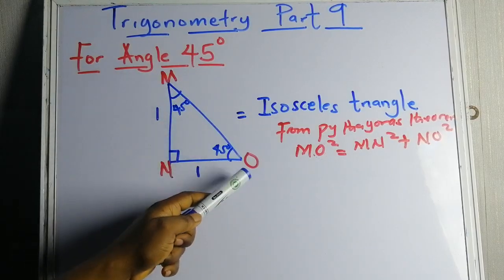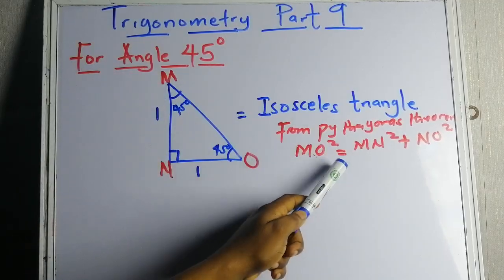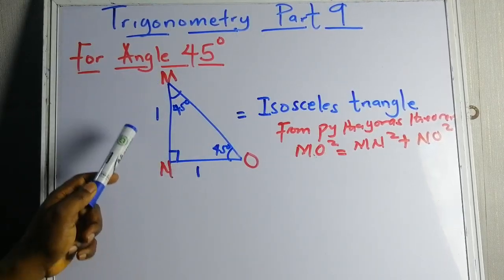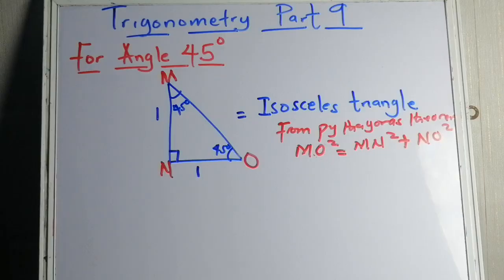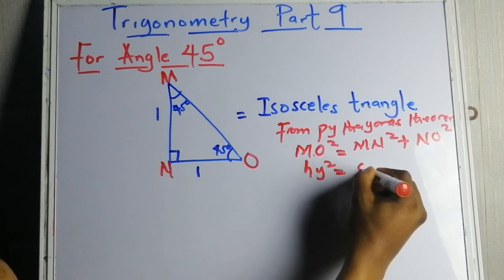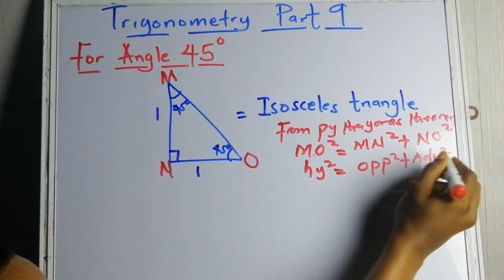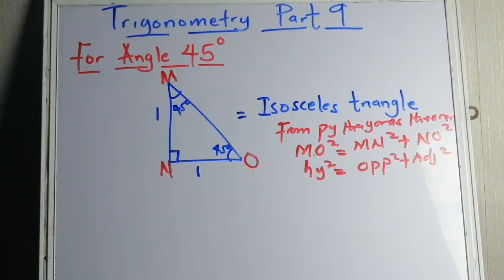Hypotenuse square is the same thing as opposite square plus adjacent square. Any of them can be opposite or adjacent; it depends on which angle we are looking at.